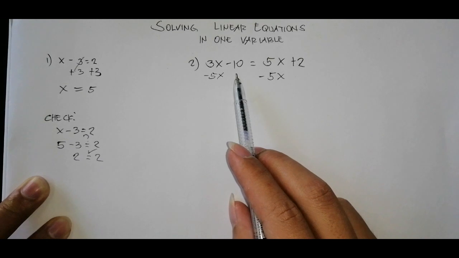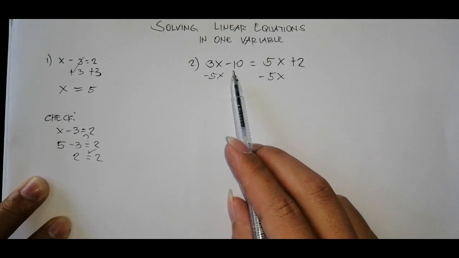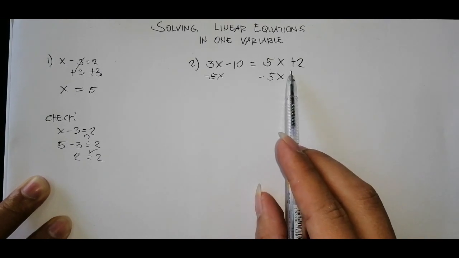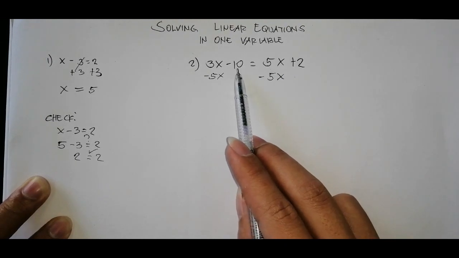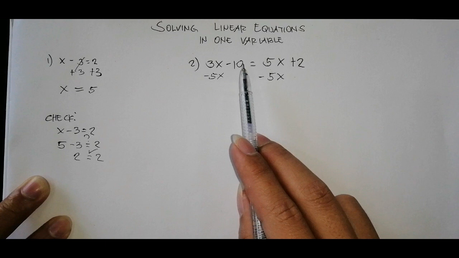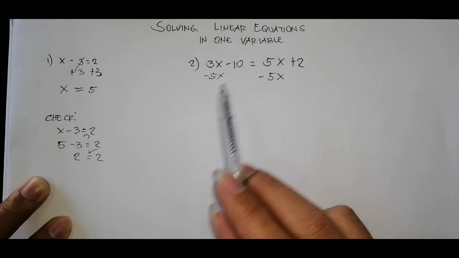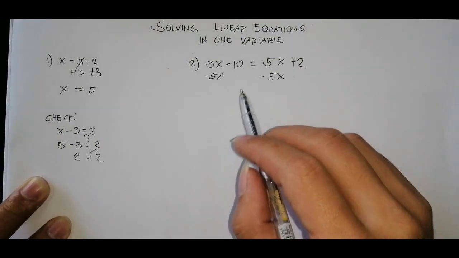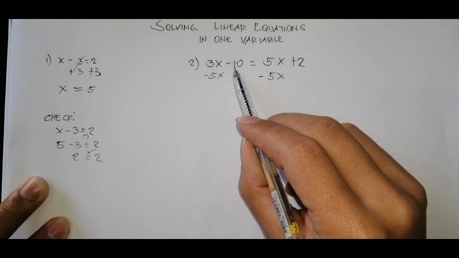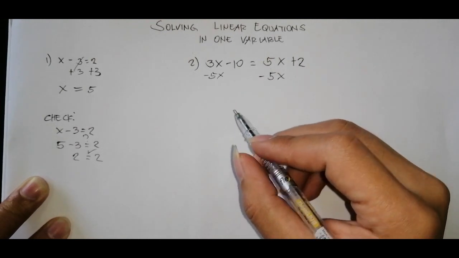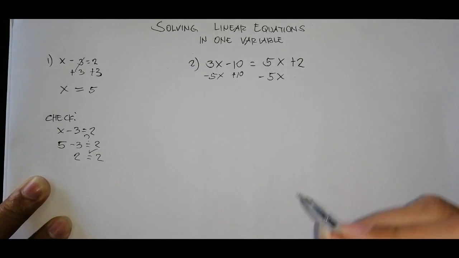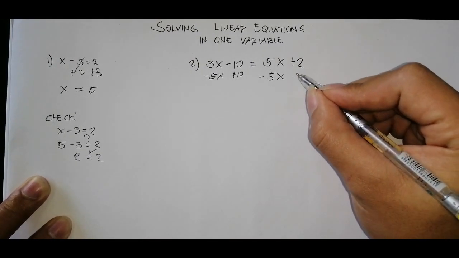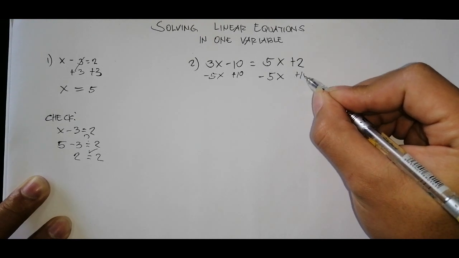Now we have here the constants, negative 10 and positive 2. I need to eliminate negative 10 on this side for me to isolate the variable. So for negative 10 to become 0, we're going to add 10, and the same with the other side, we're going to add 10.